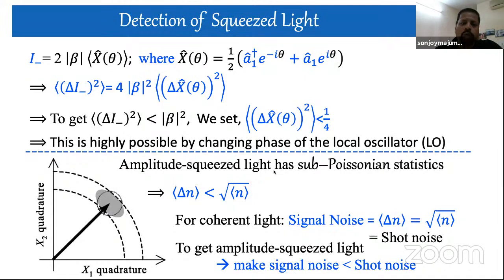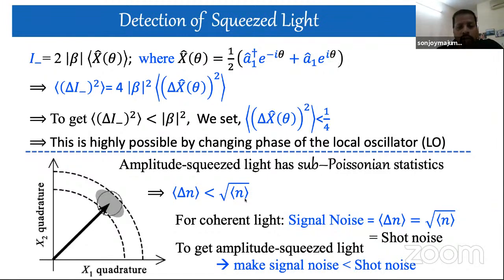You see that quantum feature when the fluctuation of the number density is less than the square root of the mean value of the number density. This scenario is possible in the case of sub-Poissonian cases. In the Poissonian cases, the fluctuation will be equal to the square root of the mean value. That means the variance and the mean will be the same.